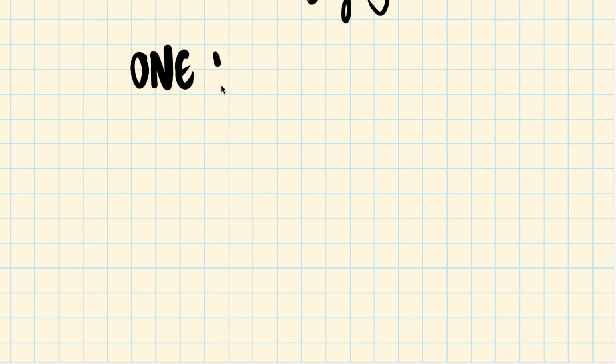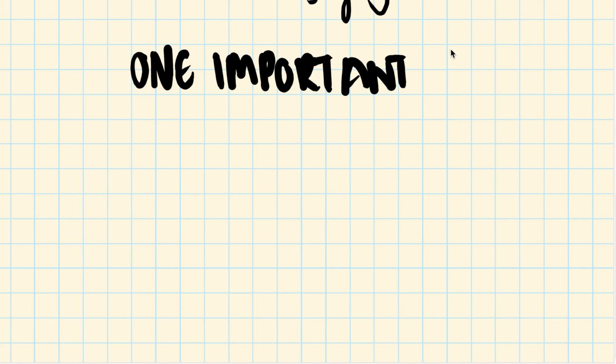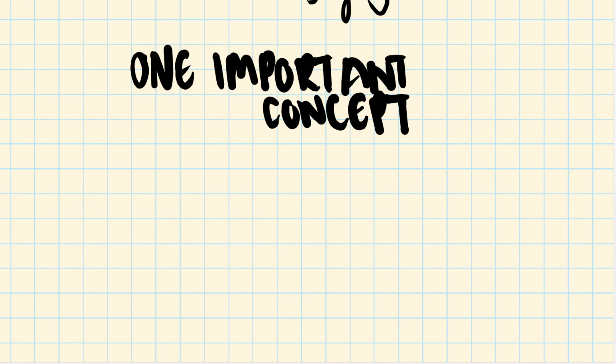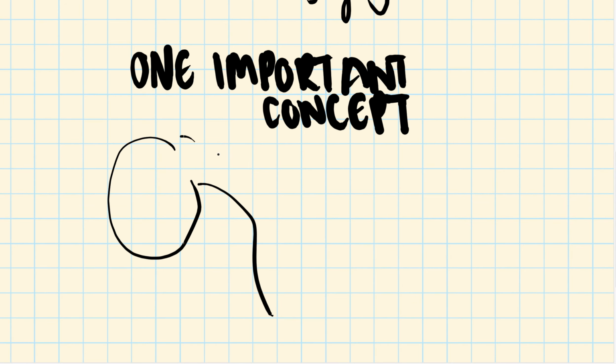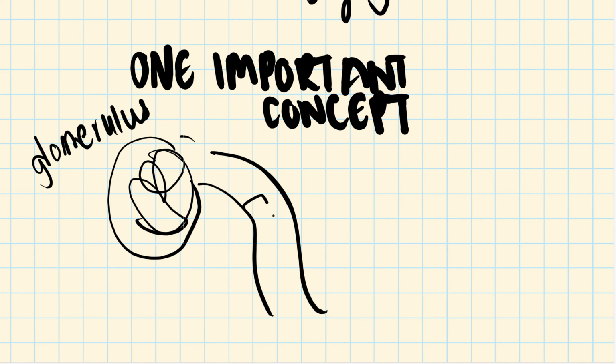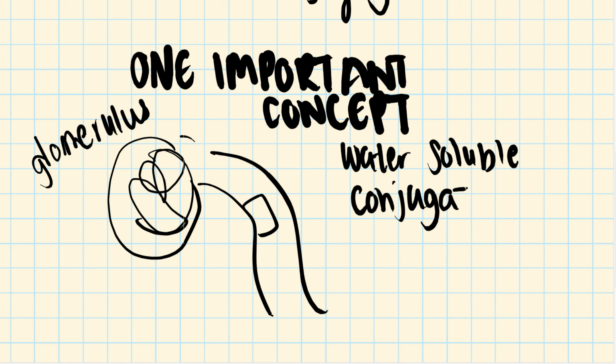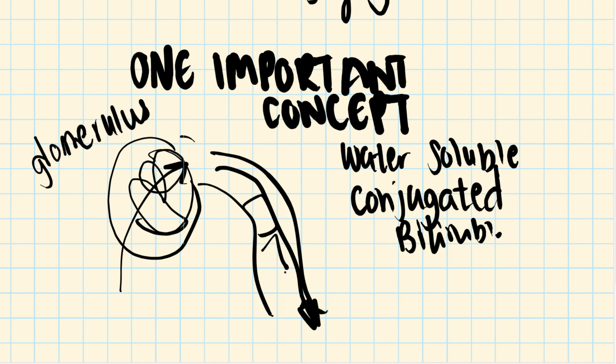Now, one important concept for you to understand is that the kidney, the glomerulus and the kidney tubules are also lined with fat, okay? So when they are lined with fat, the water-soluble conjugated bilirubin can pass straight through.